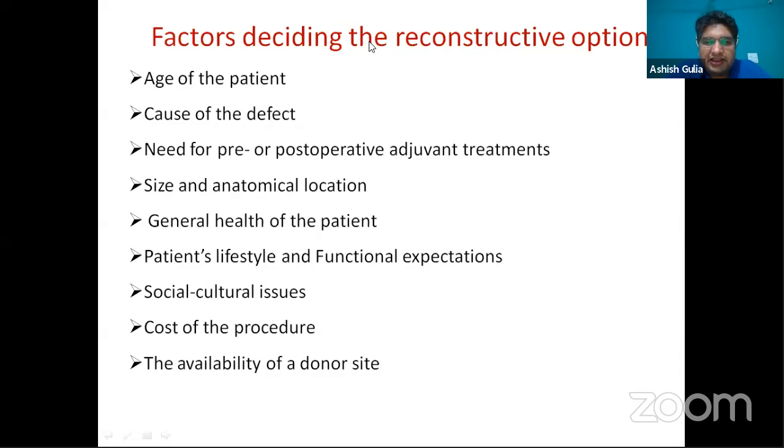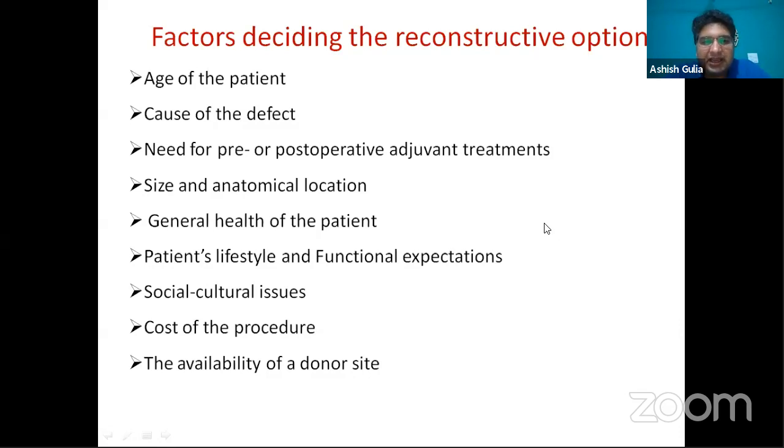So in giant cell tumor, because we do not have any adjuvant therapies like radiotherapy or chemotherapy, the rate of union is pretty high. So you may do away without a vascularized fibula, and these may have a high union rate, while the patients who are on chemotherapy and radiotherapy may have issues, so that can help you to take care of that. We also need to understand the size and the anatomical location.